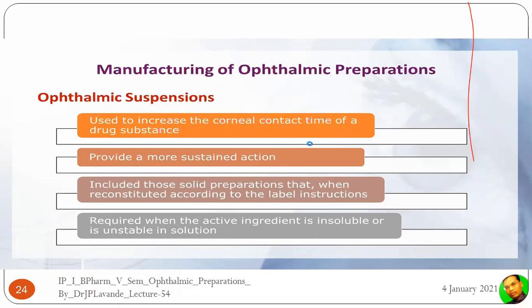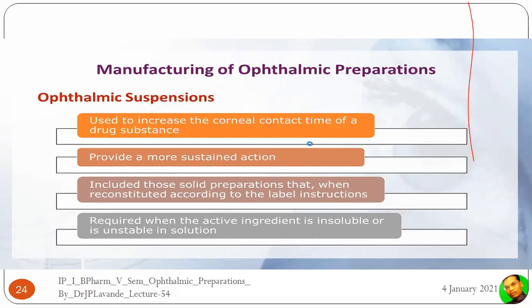Because one cannot go for preparation of a solution when the drug has intrinsic pre-formulation properties, like, say, solubility. When the drug is insoluble, we cannot go with the preparation of the solution, so the remaining option is the suspension type.